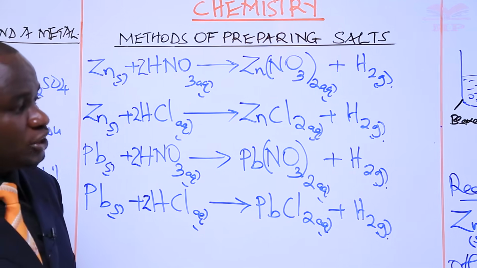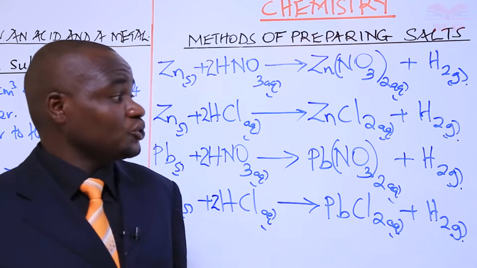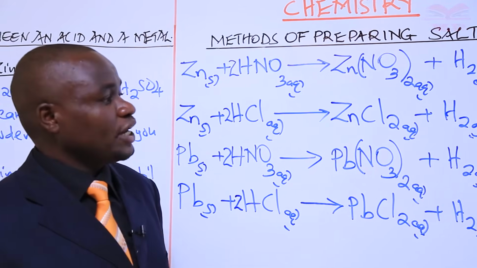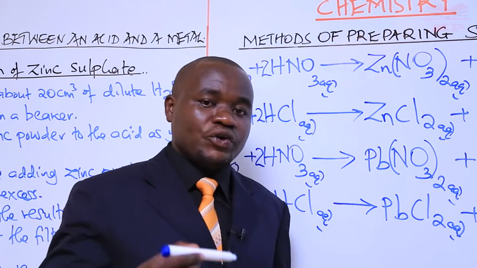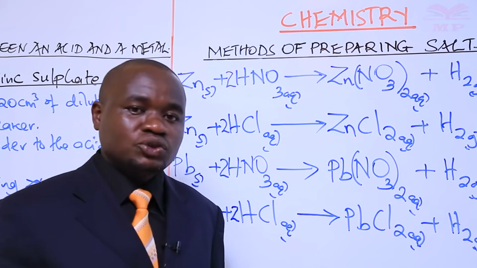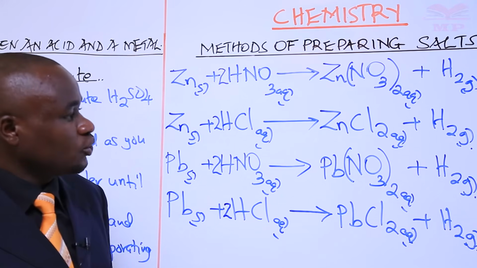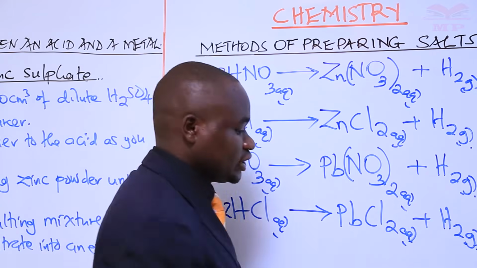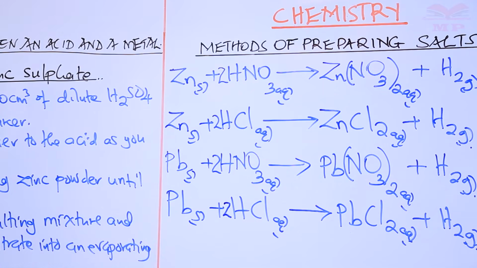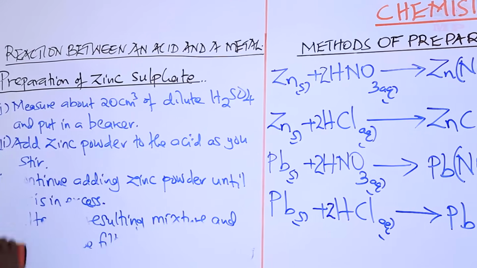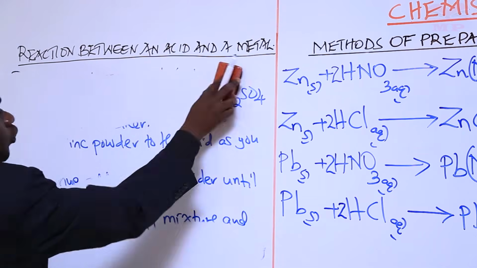Remember, we have learned about reaction between an acid and a metal as a method of preparing salts. We have learned that an acid reacts with a metal to produce a salt and hydrogen gas as the only products. So I want you to try to answer the following questions. Try and answer these questions to see if you have gotten the concept well.